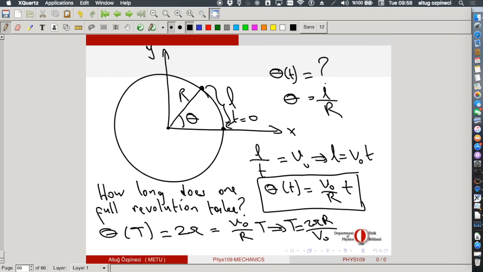This is what we call the period of motion. So it is the time it takes to complete one full revolution, so that the motion will repeat itself after a period.